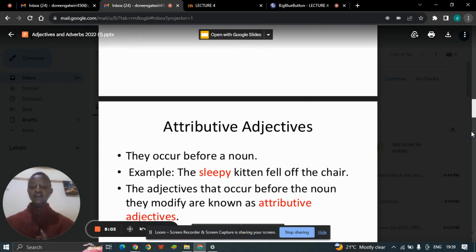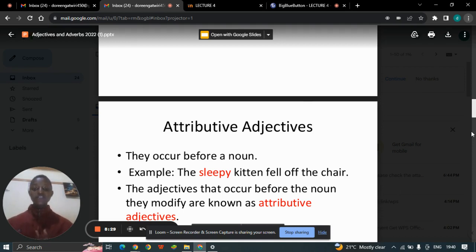You have now the attributive adjective, and attributive adjectives occur before a noun. For example, the sleepy kitten. When you want to identify the attributive adjective in a sentence, first of all you have to identify the noun in that sentence.